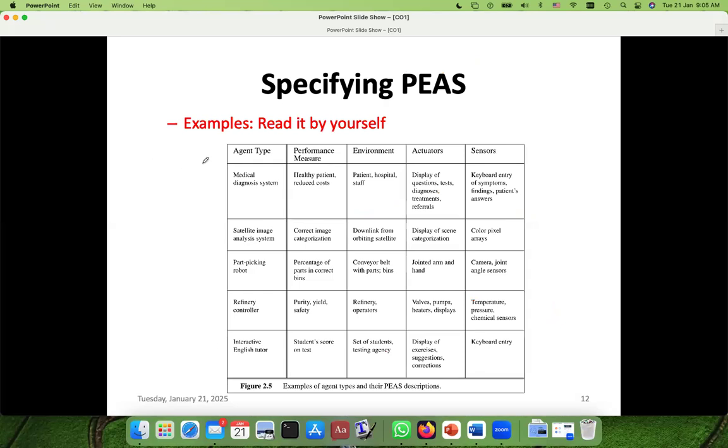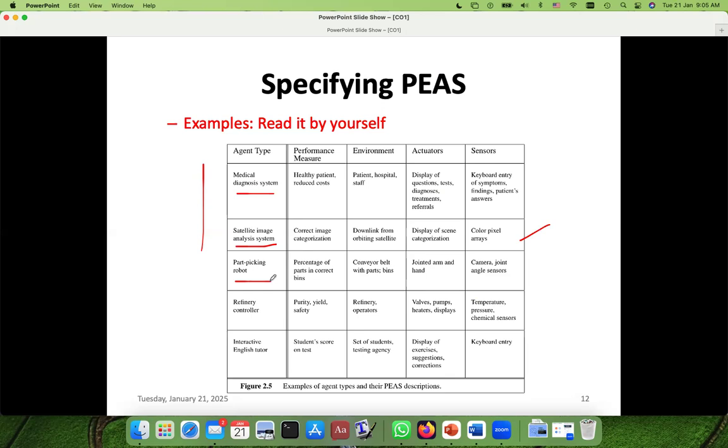Similarly, this is a table. This is an agent medical diagnosis system, some medical equipment which can diagnose your diseases, and the P's are written for it. Satellite image analysis system, taking images, analysis system. So these are the P's for that.